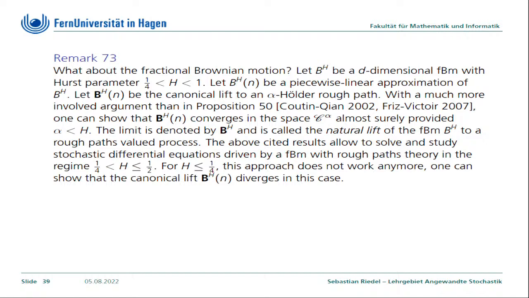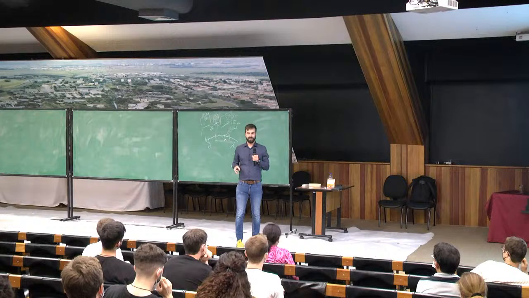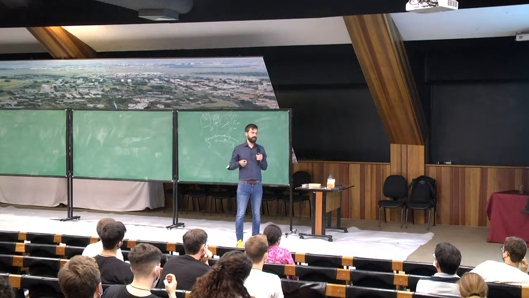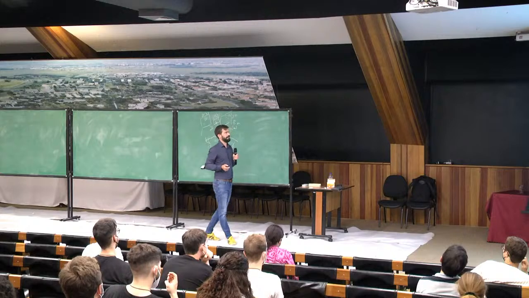So it does not work anymore. And of course, there are many papers on this question, or at least a few, trying to give other natural lifts maybe, but I would say it's still not really understood if there's a natural lift of a fractional Brownian motion for a small Hurst parameter.